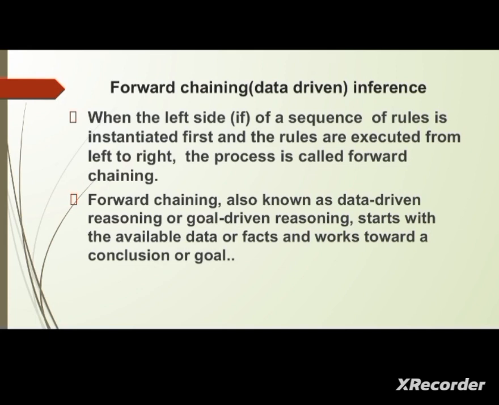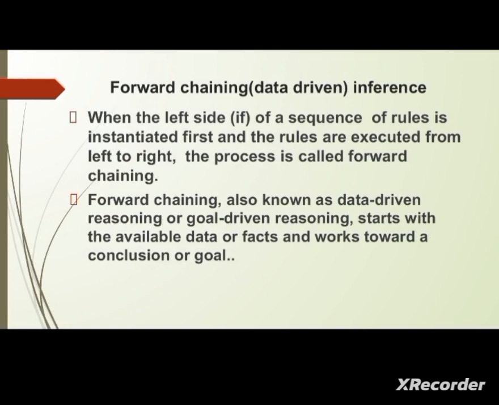Then we proceed by applying rules to facts to produce new facts, which in turn are used by the rules to produce new facts. This process continues until it generates a path that satisfies the goal conditions. We have new data and we have a goal condition. We have to move in the fashion of forward, from data to goal.